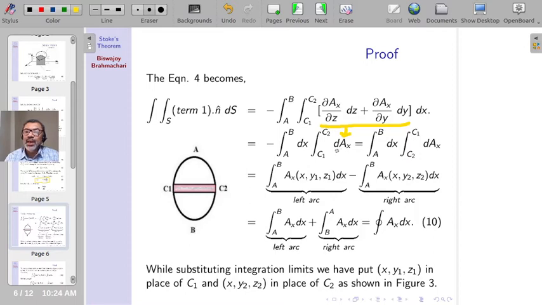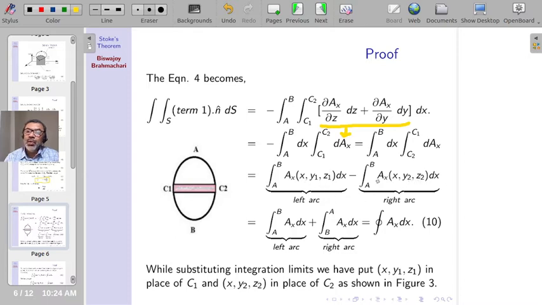So when dAx is integrated, we get Ax, and we can substitute the limits c1 and c2, but we have to take care of this minus sign. So Ax at c1 dx minus Ax at c2 dx, because we have substituted the limits c2 and c1. So Ax at (x, y1, z1) dx minus Ax at (x, y2, z2) dx.